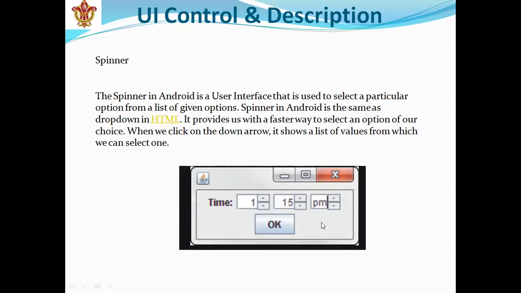So here is the simple example of a spinner in the form of time. We can see here the time is 1:15 p.m. If I want to select 1:20, then I will go to the minutes, 15, and use the arrows to set it to 20.